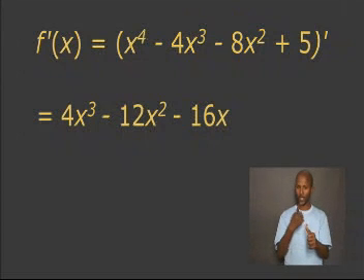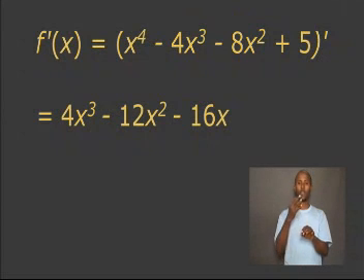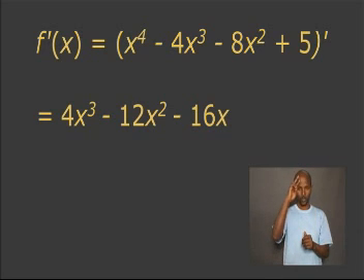First, let us differentiate the function. f prime of x equals 4x cubed minus 12x squared minus 16x.